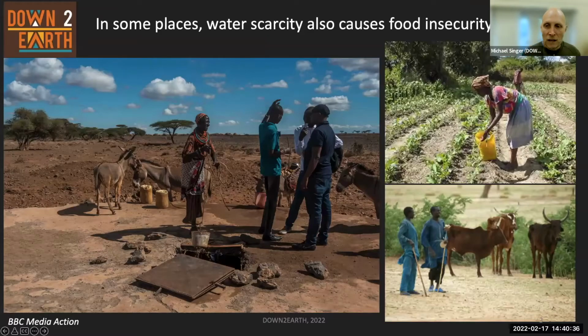So the project is really premised on the point that in some places in the world, water scarcity also causes food insecurity. And this is in places where subsistence agriculture and pastoralism are practiced, and where people have to travel distances to get access to drinking water.